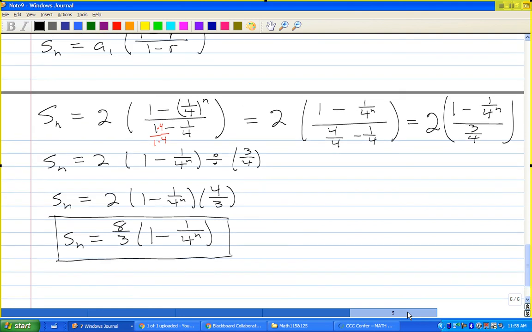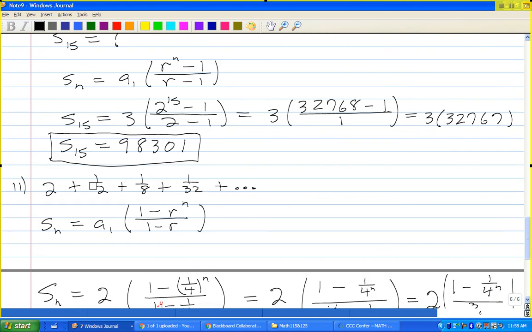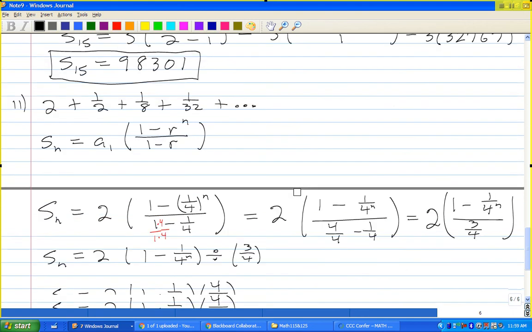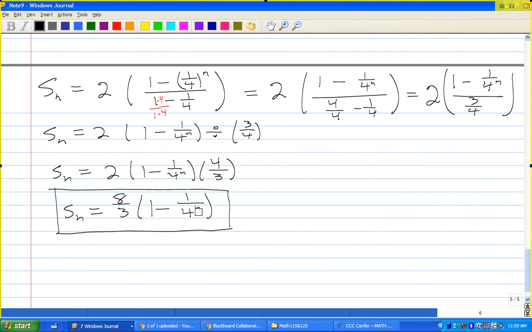And so if I want to determine the sum of the first n terms of my series, I can use this formula. And I'll get whatever answer I want.